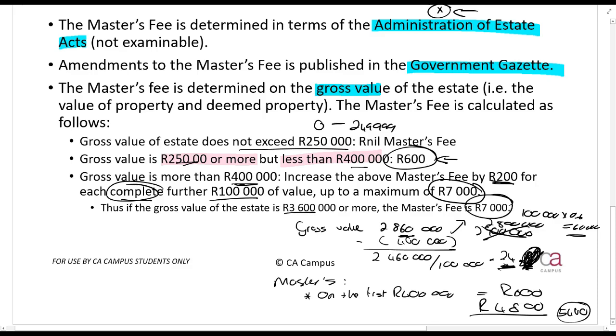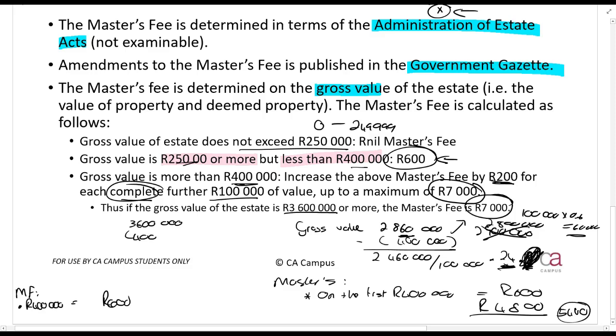So the gross value of the estate, if the gross value of the estate is 3.6 million, it will work out like that. Here's the master's fee. On the first 400,000 rands, again, it is 600 rands.